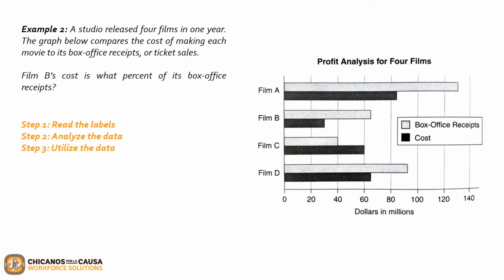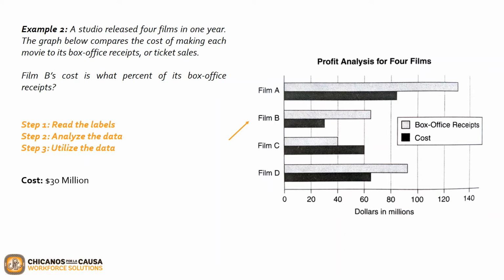And finally, step 3, utilize the data. So let's go ahead and use this data to look at film B. We can see from film B that it has both the box office receipts and cost. If we look at cost, which is going to be the dark bar, we can see that the cost to actually make the movie was about 30 million.